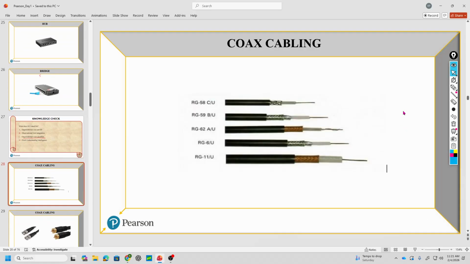All right. Coax cabling. Coax, we can see that we have these different types of cable. Originally, we had what was called thick net in the early days with bus networks or line networks. We didn't have Ethernet cable. We had coax. And it was really slow, but that was replaced by thin net.